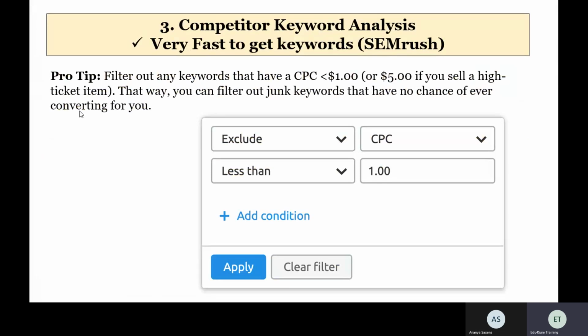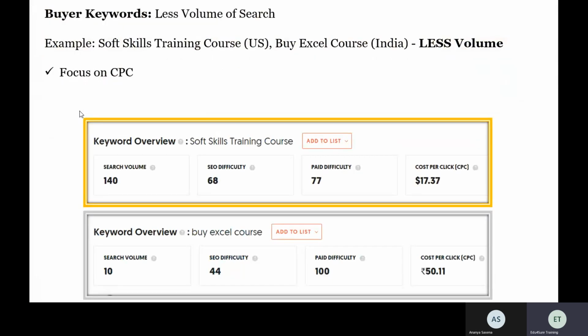Similarly we discussed other examples as well. And now the second point we had discussed, the Google Auto Suggest, where we put some keyword and it automatically shows suggestions. This was also discussed, the competition keyword analysis, where we discussed that we have to focus on high CPC, because the buyer keywords may have less volume of search, but we have to focus on high CPC.